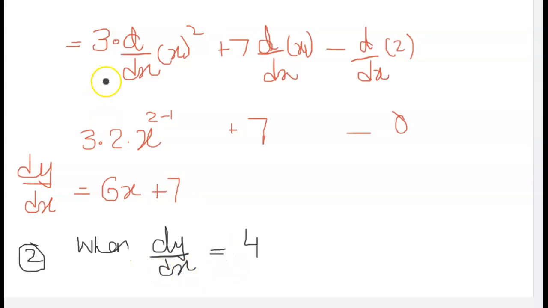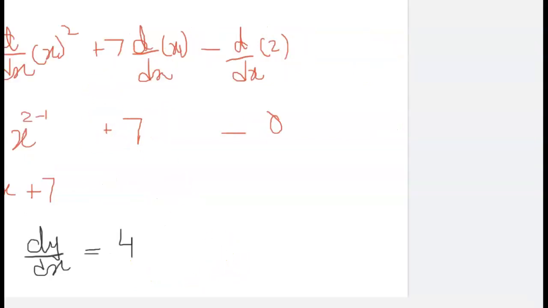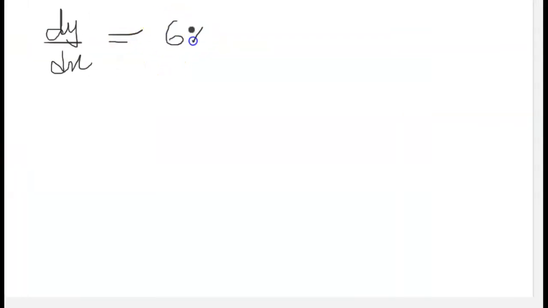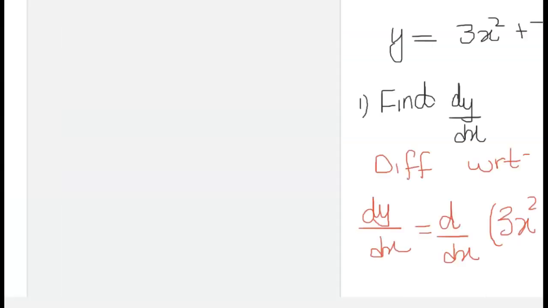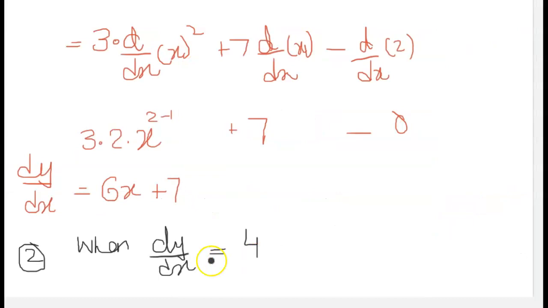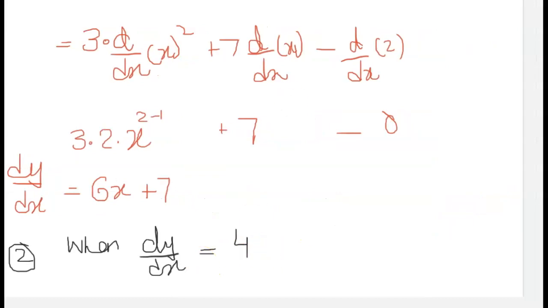So what I'm going to do is go to the next slide first. I got the answer, dy over dx is 6x plus 7. But according to the question, this value is given as 4, just like in the question here. They will ask you to find the value of x for which this holds. I just changed the value to 4 so that you can do the other question.